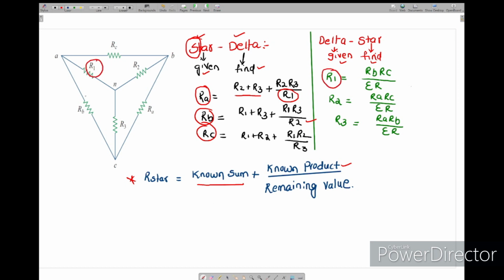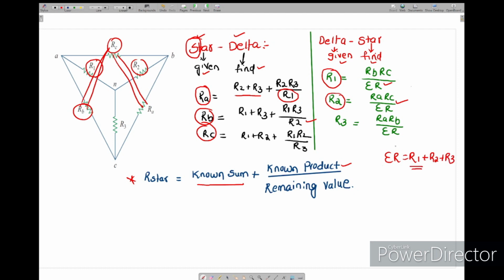So simply we multiply these two, RA into RB, and divide by the sum of all the resistance values. That is only our R1. If you find R2, here it is R2, simply we'll multiply these two values of delta, RA and RC, and divide by the sum of R, means RA, RB, RC, the sum of these three values.